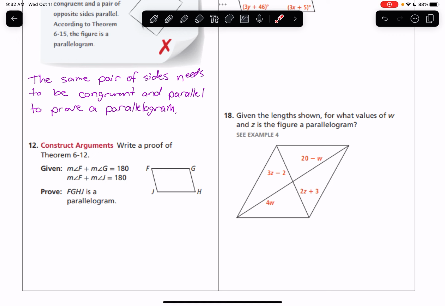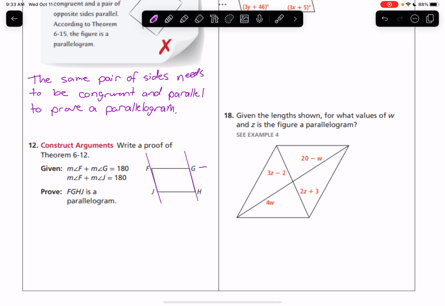So if F and G are supplementary, that means that FJ and GH have to be parallel because the same side interior angles are supplementary.